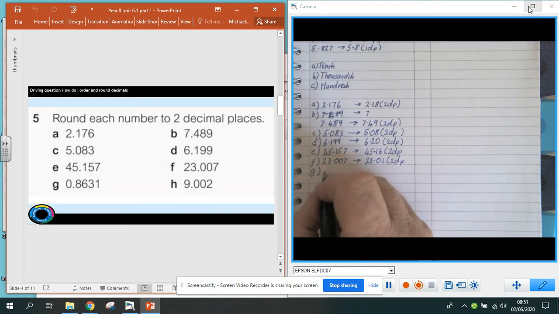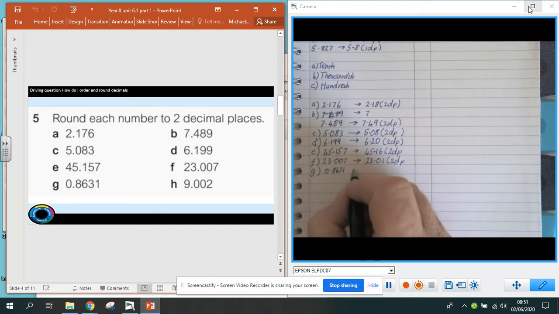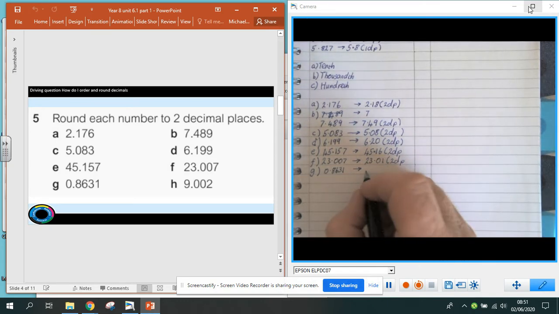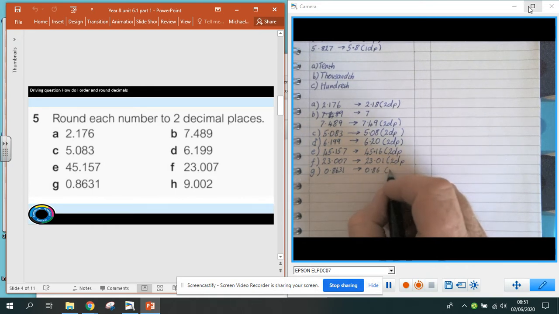G, 0.8631. So 2 decimal places means I'm looking at the 3, the third decimal place. 3, I round down, so that becomes 0.86 to 2 decimal places.